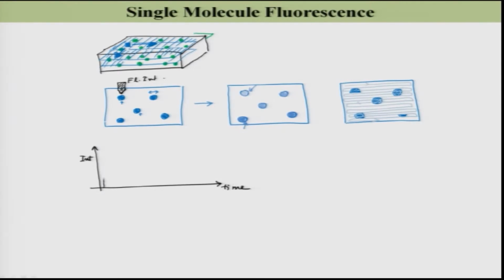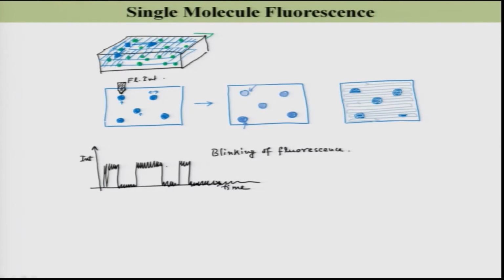The fluorescence intensity is more and it is like this, and then it becomes like this and stays some time from here, and then again it will increase, it will stay like this way, and then again it will come back and stay like this, and ultimately it will never come back, it is 0, and this is called the blinking of fluorescence.